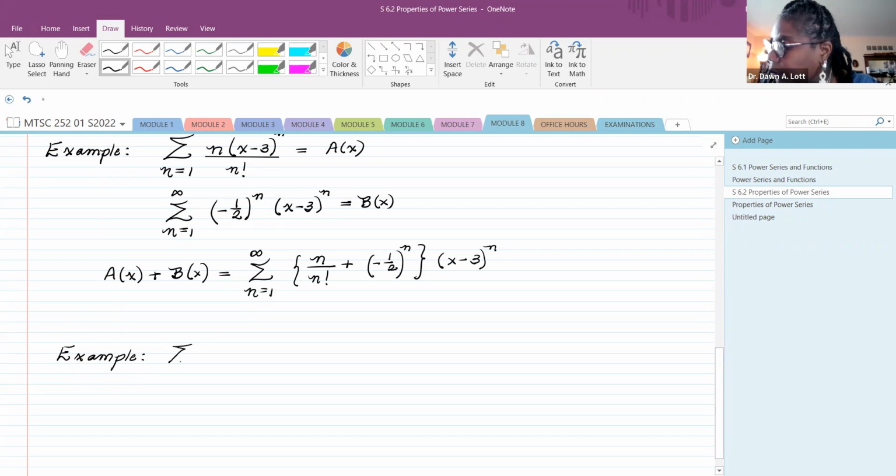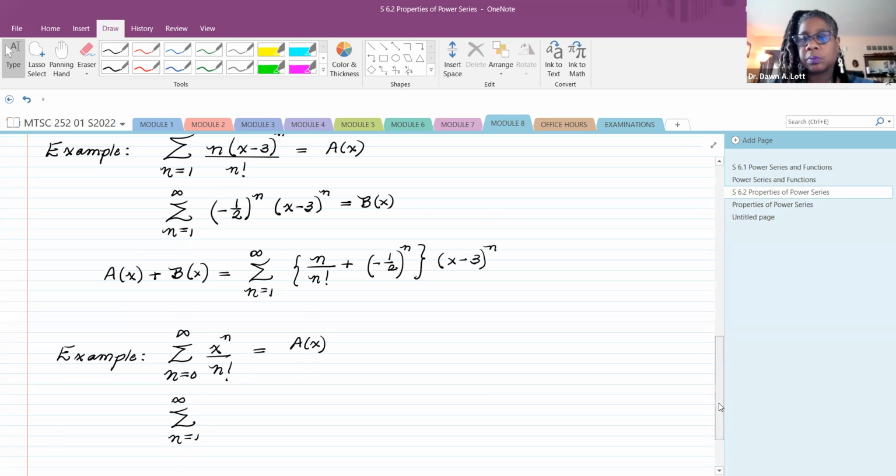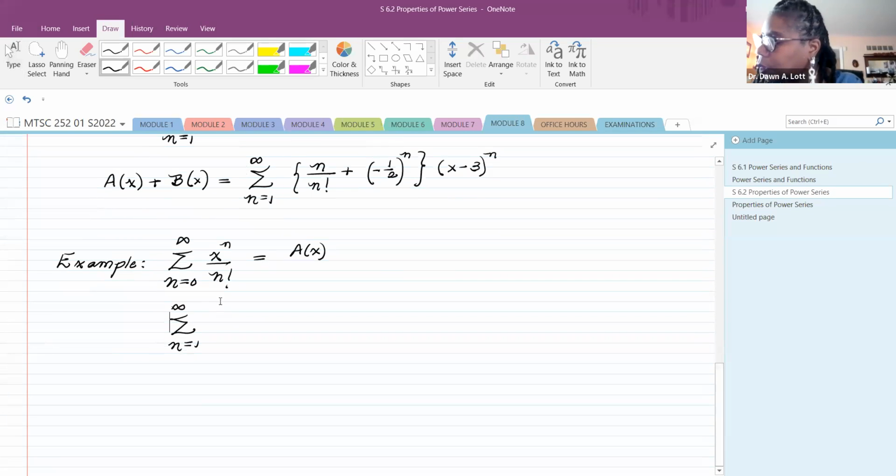Another one might be the sum n equals 0 to infinity of x to the n over n factorial. And then I have the sum n equals 1 to infinity of (x minus 2) to the n over 5 to the n.